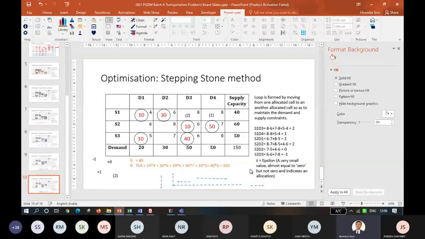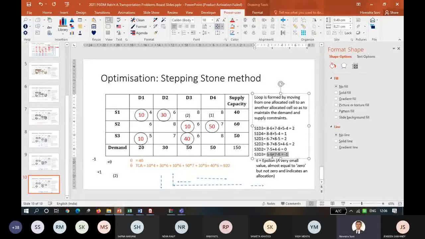To check whether it's an optimal solution, we need to redo it. Understood? Okay, so when will we get to know that it is an optimal solution? Like I got your statement, but I somehow didn't understand it.